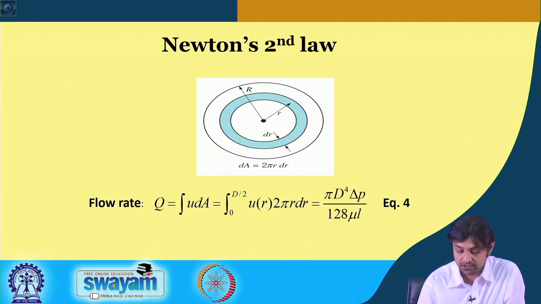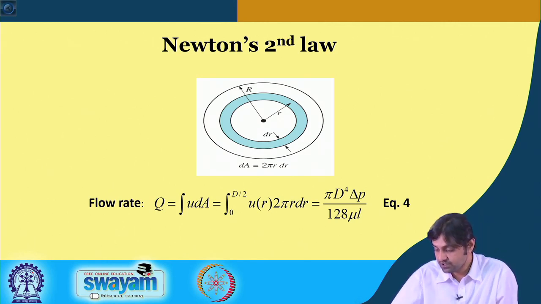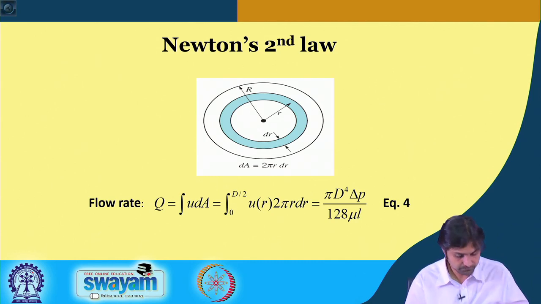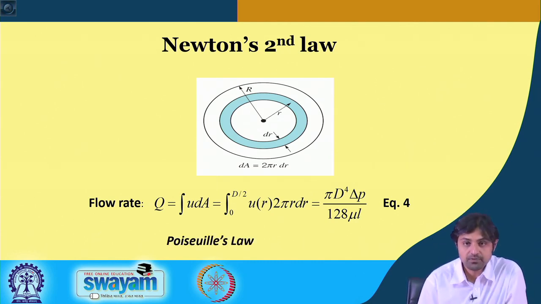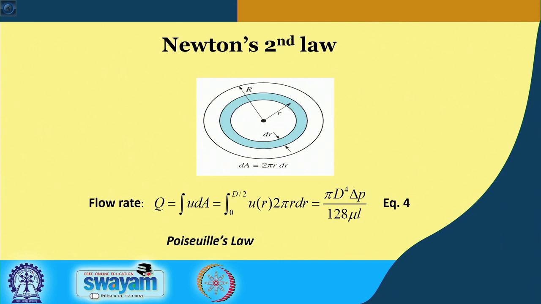This is the flow rate q in the entire pipe. All right, this is termed as equation number 4, and this particular flow rate q is called the Poiseuille's law.